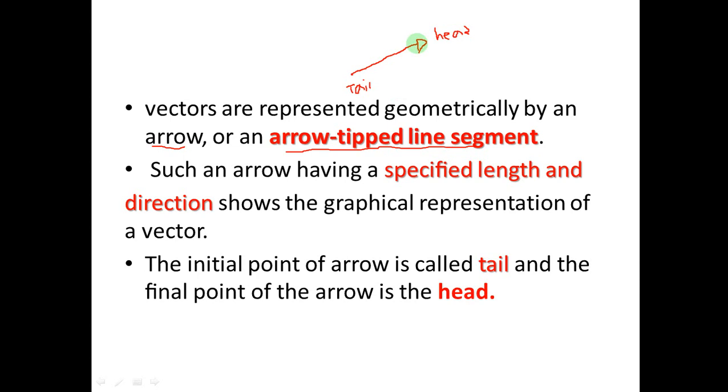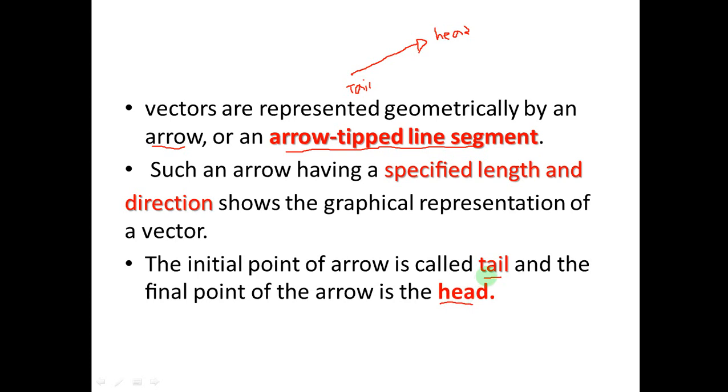While you are representing a vector geometrically, you must specify the length and the direction. The initial point of the arrow is called the tail, and the final point of the arrow is called the head. The head represents the direction.